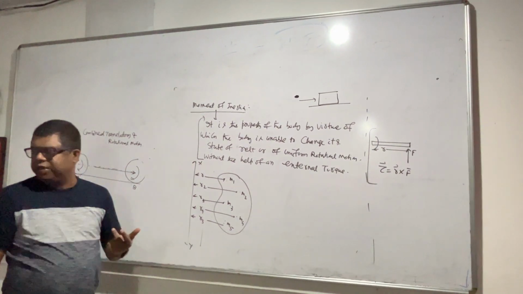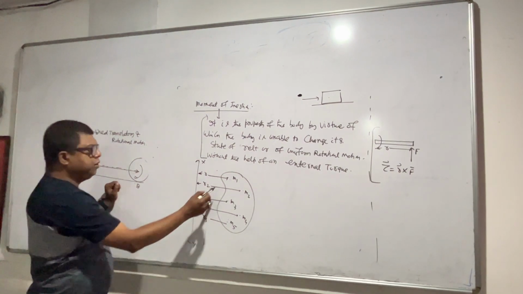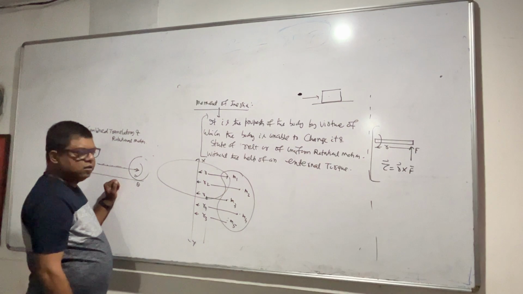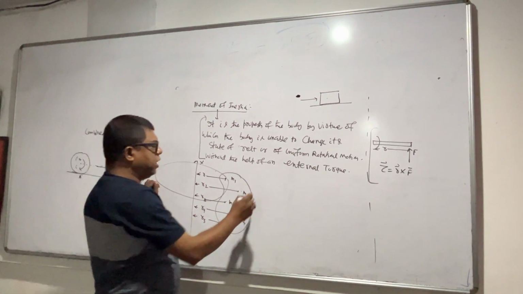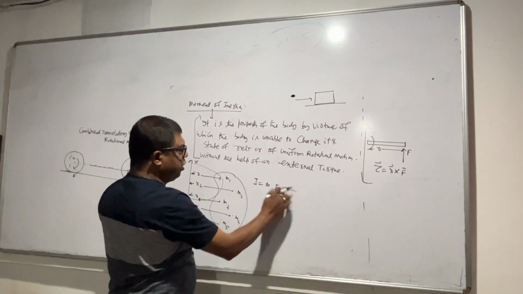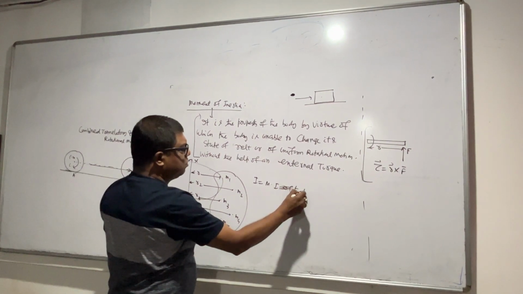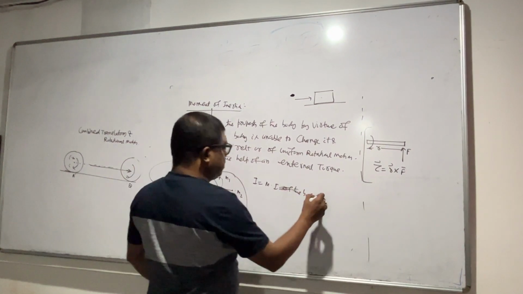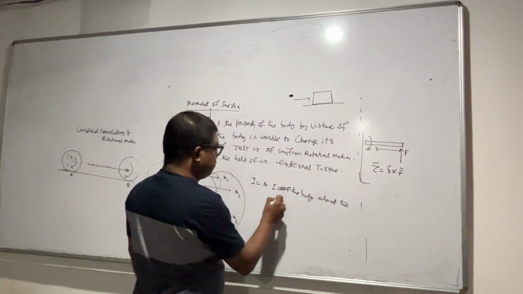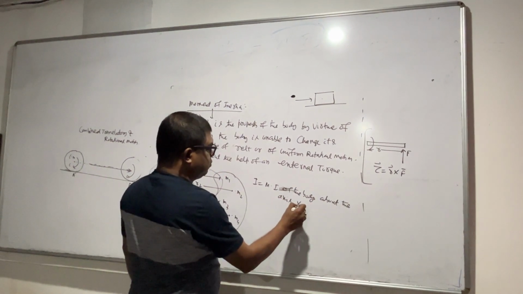I will express it mathematically. So this is the moment of inertia and the body is rotating about this axis. So I is equal to the moment of inertia of the body about the axis XY.